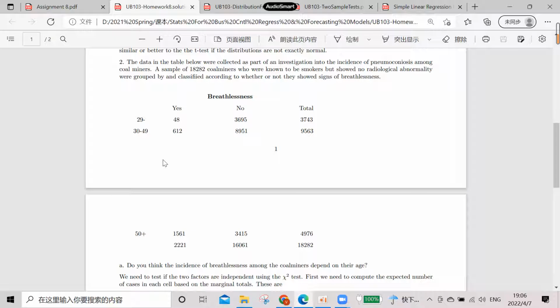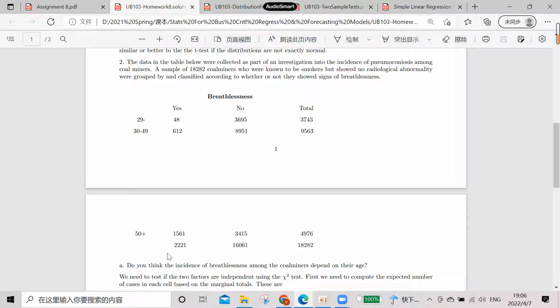What is the probability that I have this illness? It's just 2,221 divided by 18,282, the probability from this sample I observed. And then what's the probability of being 29 years old or less? It's 3,743 divided by 18,282. And I got those two probabilities separately.